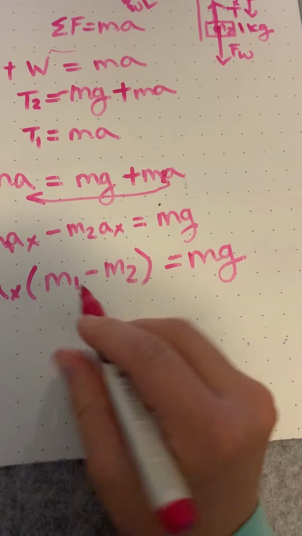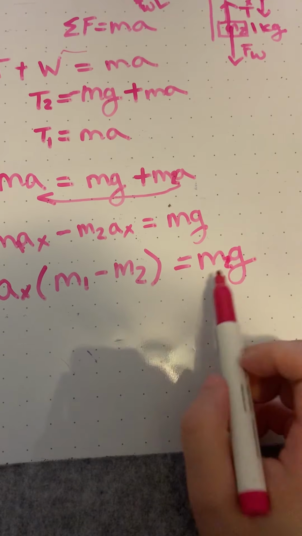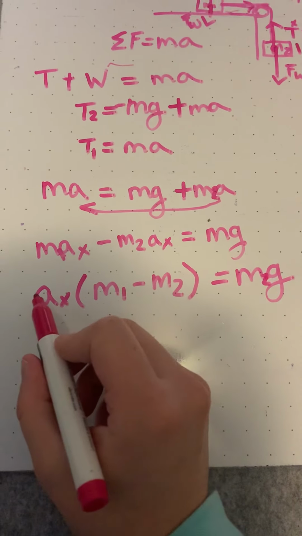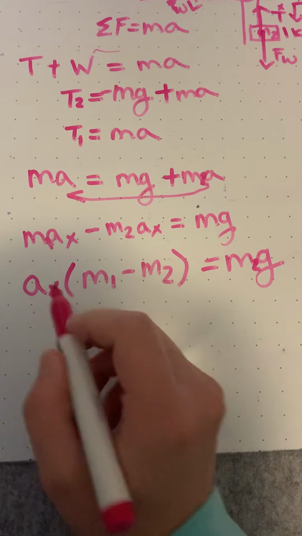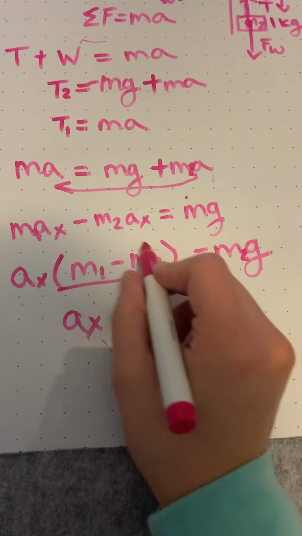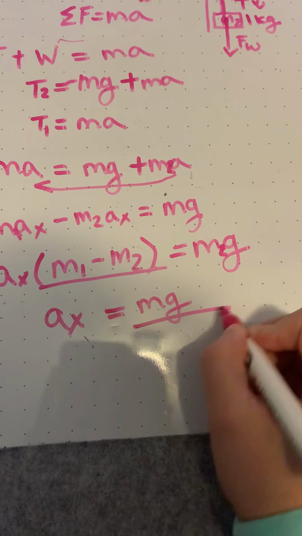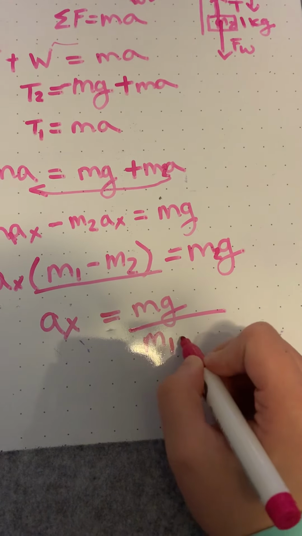So now, because I know m1 and m2, and I also know gravity, I can isolate a_x by itself by dividing both sides by this. So it will equal m2 g divided by m1 minus m2.